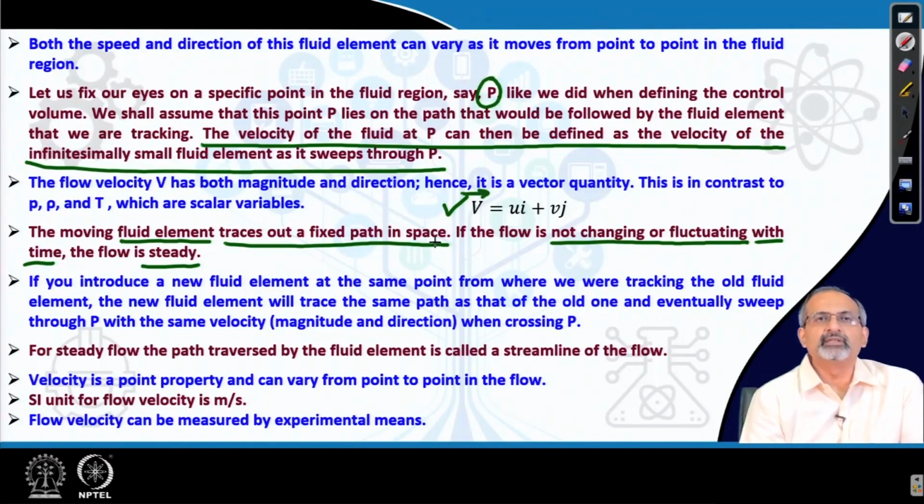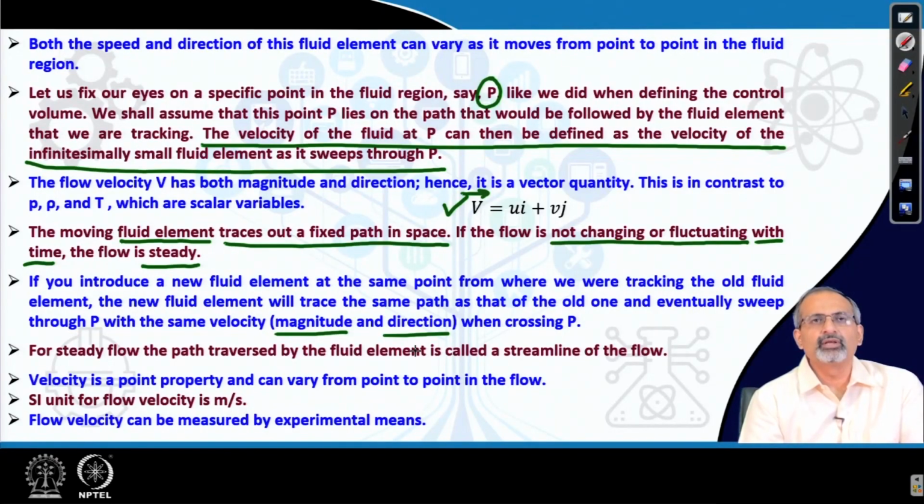If you introduce a new fluid element at the same point from where we were tracking the old fluid element, the new fluid element will also trace the same path as that of the old one, and eventually sweep through point P with the same velocity, which includes both the magnitude and direction when crossing P. That means the flow pattern repeats over and over again, it remains fixed with time.